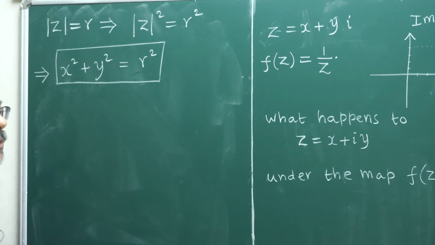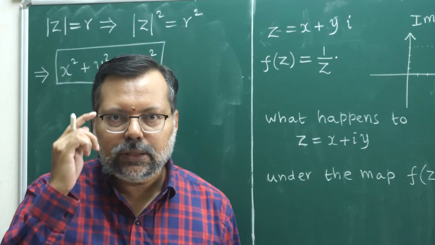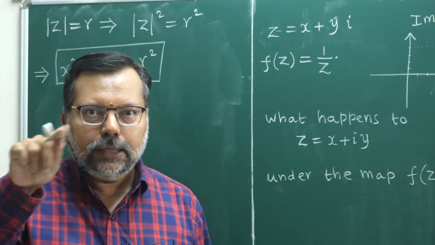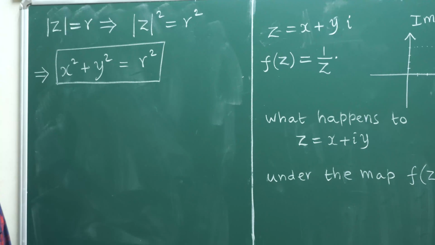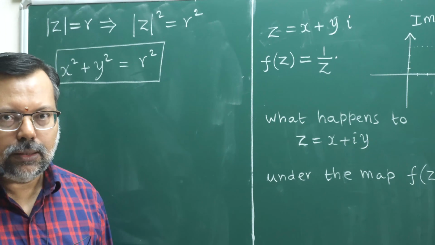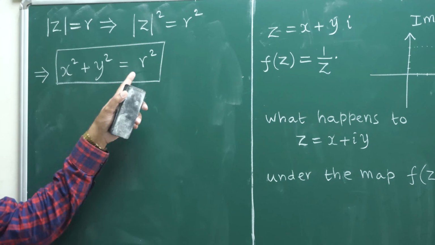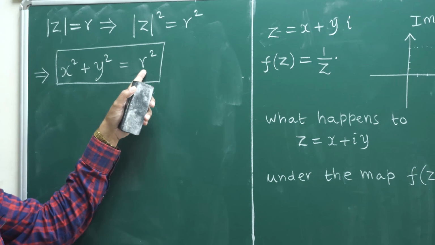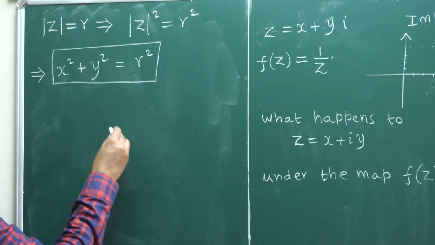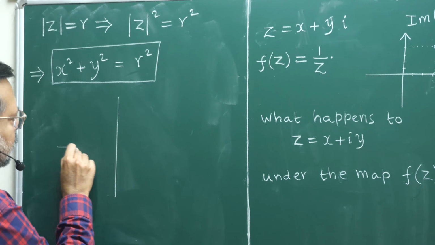This equation you might have seen somewhere, maybe in coordinate geometry, where you learn straight line, circle, parabola, etc. Do you remember what x square plus y square equal to r square is? Certainly you know that it's a circle. So this equation represents a circle whose center is 0 and whose radius is r, which means you can draw it like this.